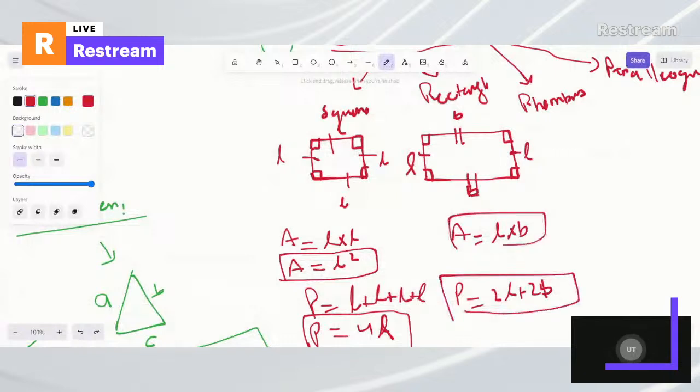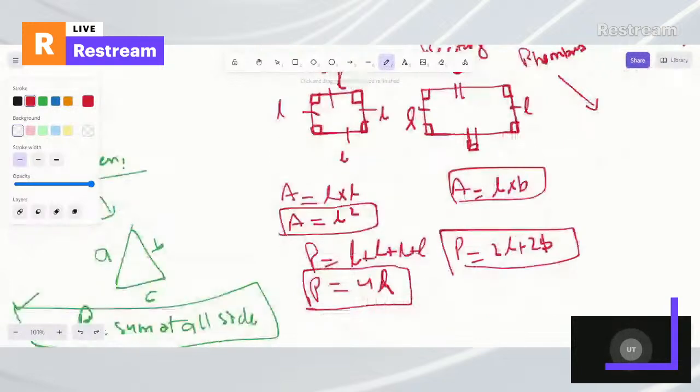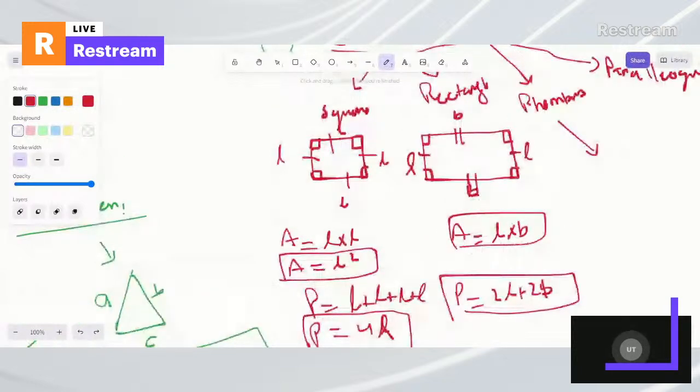Now let's talk about the rhombus. What does a rhombus mean, and how do we actually calculate it?